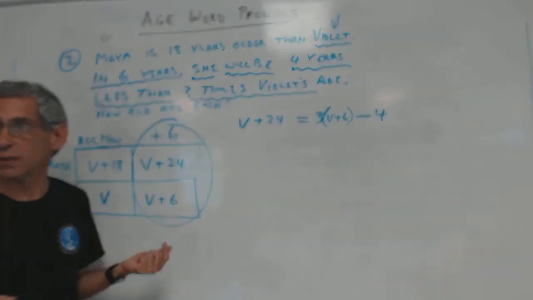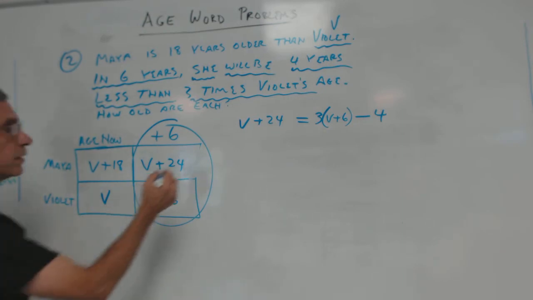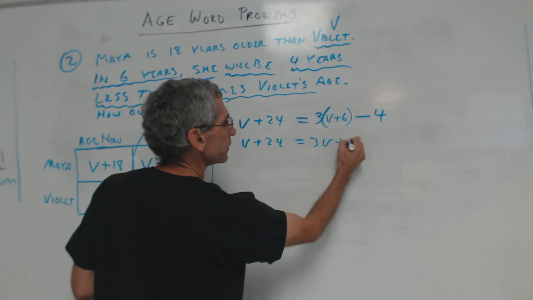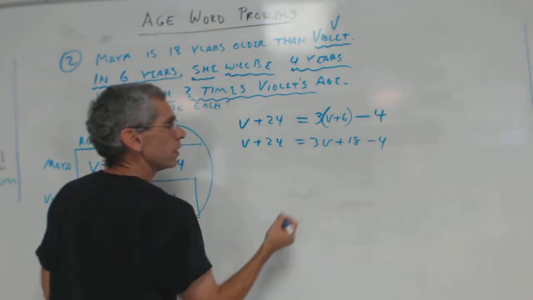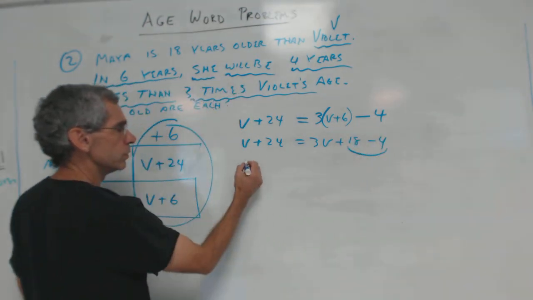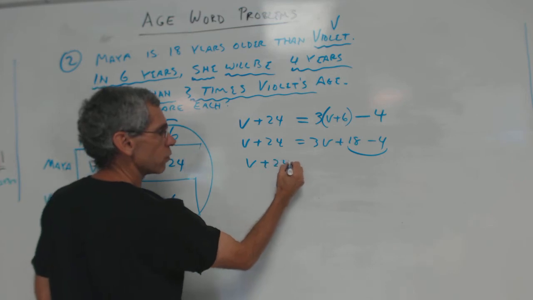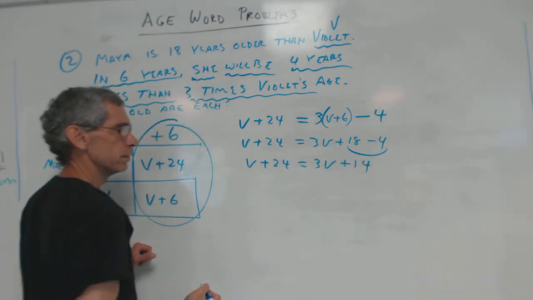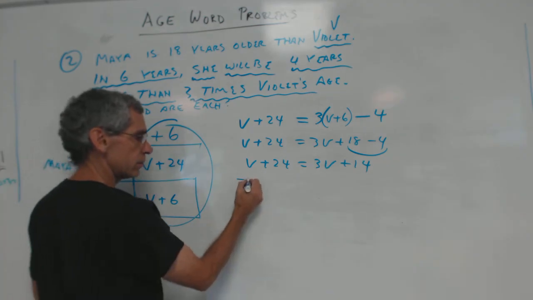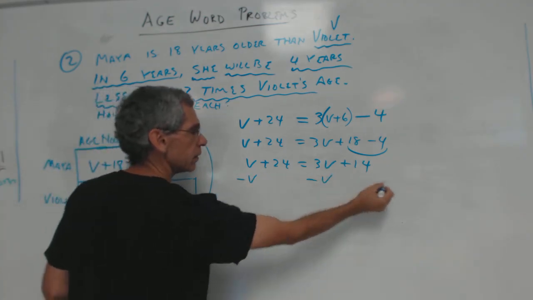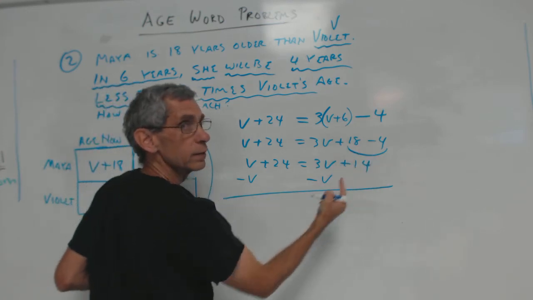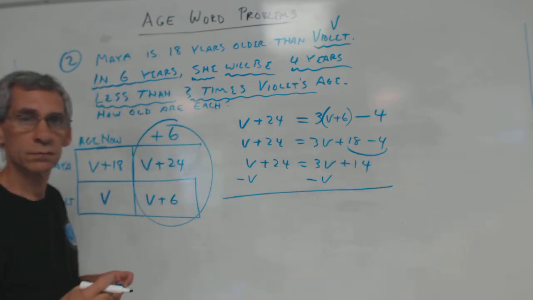Now I just solve it, right? Pretty easy. So I got V plus 24 is equal to 3V plus 18 minus 4. I notice I could combine those. So I've got V plus 24 is equal to 3V plus 14. And then I could subtract V, right? Wait, plus what? 14? Because 18 minus 4 is 14. Oh, yeah.